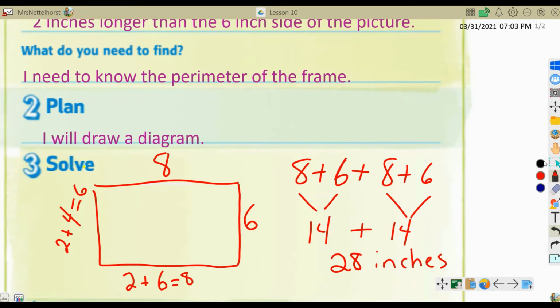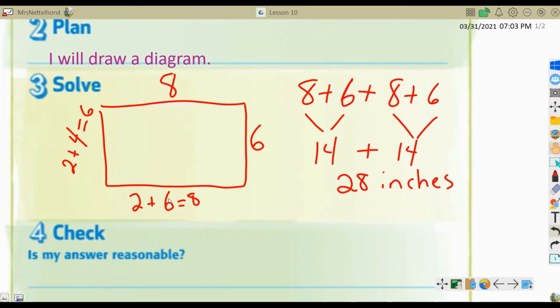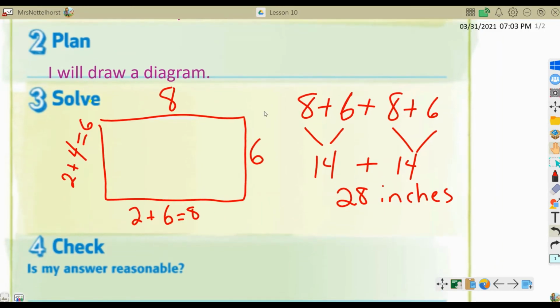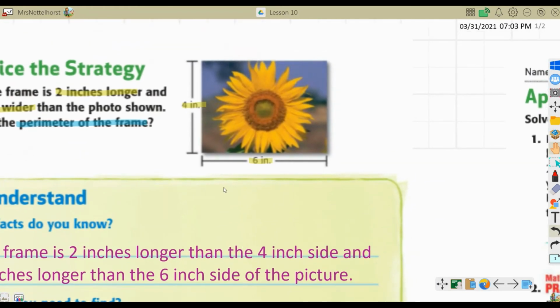Okay. Let's scroll down. Okay, is my answer reasonable? Well, let's figure it out. So if I can figure out this perimeter here, I know that 6 plus 4 is 10, and this would be 6 plus 4 is 10.